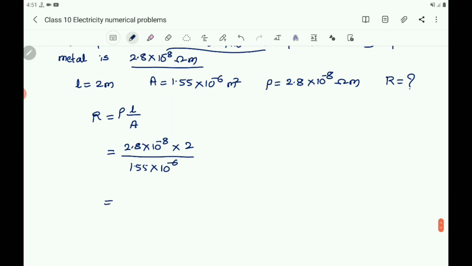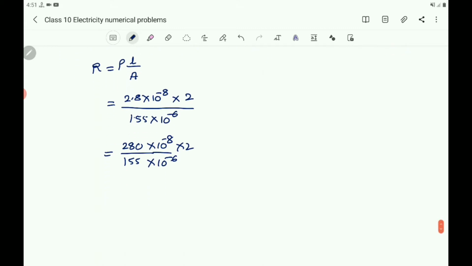Now you write here, the decimal point is after 2 digits, here the decimal point is after 1 digit. So make the decimal point equal, that is 155, that is 280. Then into 10 power minus 8 into 2, it is 10 power minus 6. Then you can have 28 twos are 56.